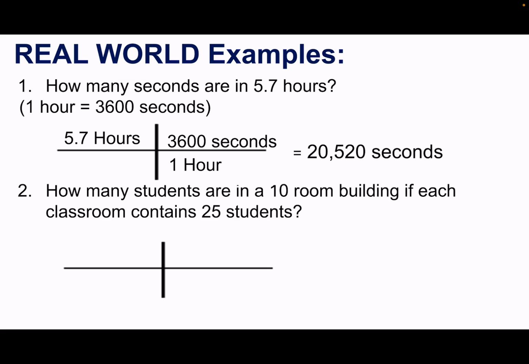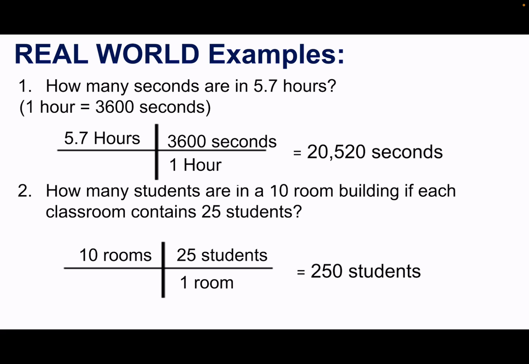That's the conversion factor. 1 classroom equals 25 students. So in this case, we're going to start with 10 rooms because 10 rooms isn't a conversion factor. Typically, we don't start with conversion factors. Our conversion factor that we do have is each room, so 1 room contains 25 students. 10 times 25 divided by 1 is 250 students.